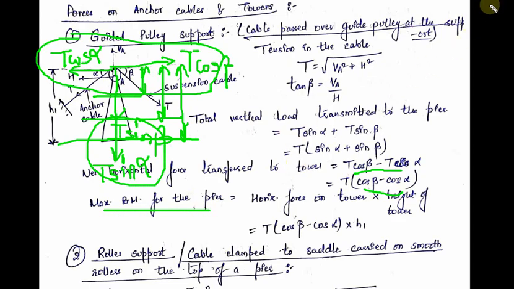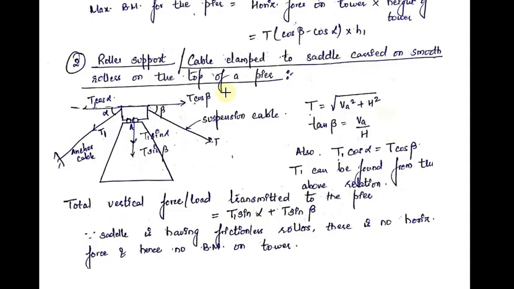Now let's come to the second support system, which is the roller support system. In this type of support system, there is a roller support at the top of the tower, and the cable is clamped to the saddle carried on smooth rollers on the top of the pier. There is a saddle, and this saddle has rollers at the bottom, and the cable is clamped at the top of the saddle.